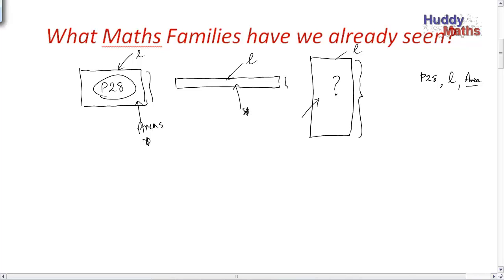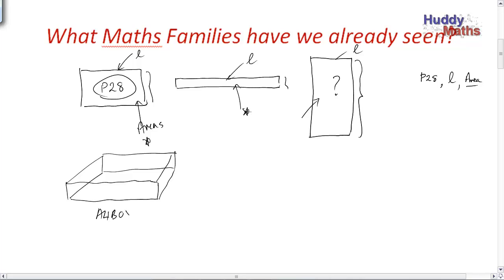And what about the other family we looked at? That was the boxes, the A4 boxes. I've got a little box here. Draw this little box up. And of course there's a whole lot of possible boxes coming out of an A4 sheet. We might call the surname A4 box because we cut corners out, if you remember.